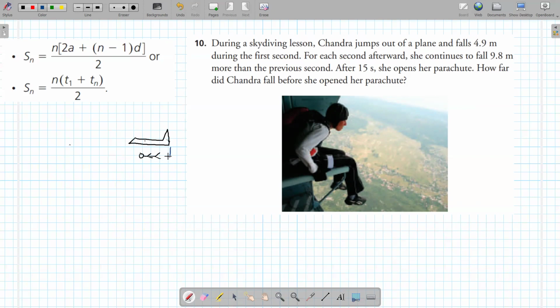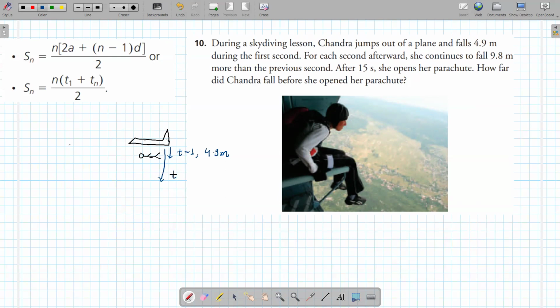During the first second, they've jumped 4.9 meters. For each second afterwards, she continues to fall 9.8 meters more than the previous second.